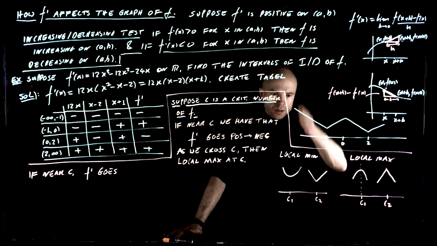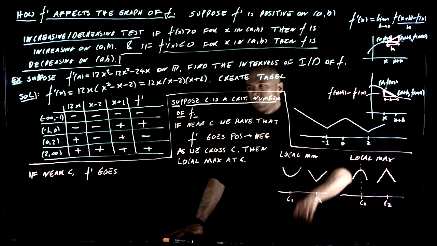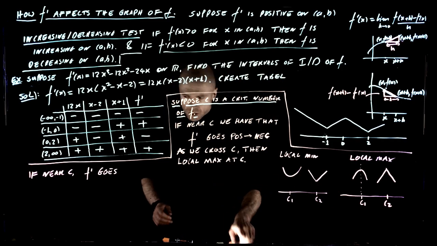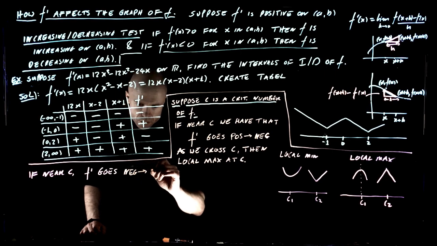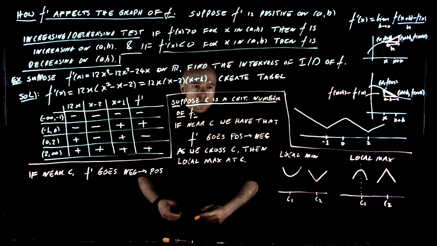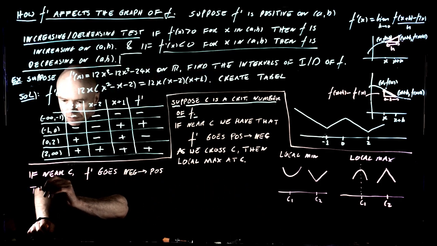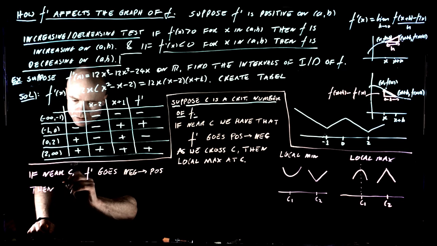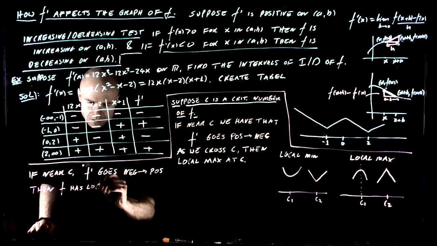In both cases, negative, positive. Okay? So f prime goes negative to positive. Then f has a local min.